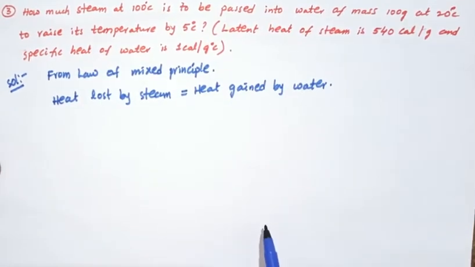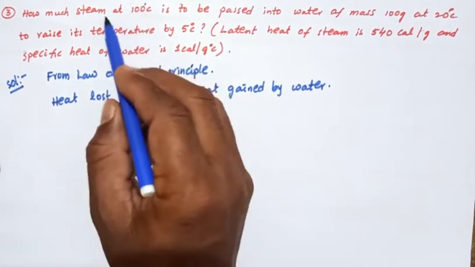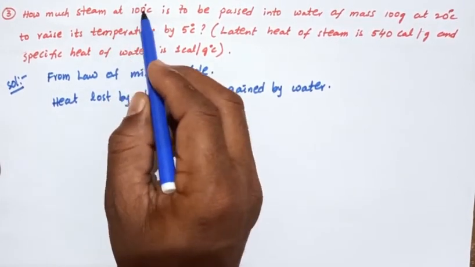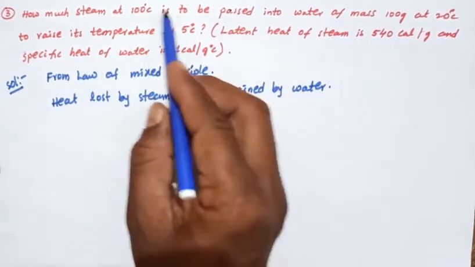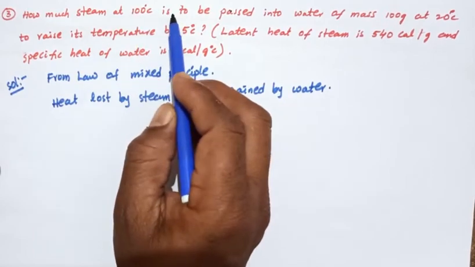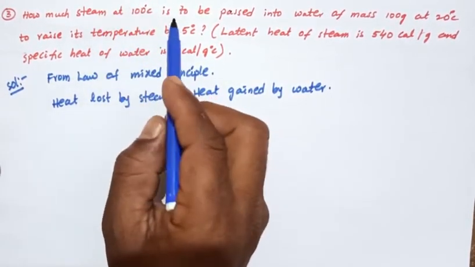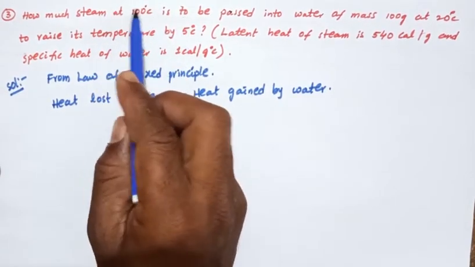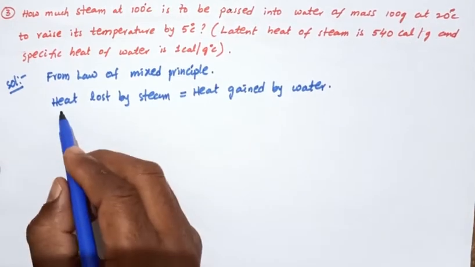First of all, heat is lost by steam. The steam is converted to water. So this is the latent heat of vaporization, so it is converted by condensation.